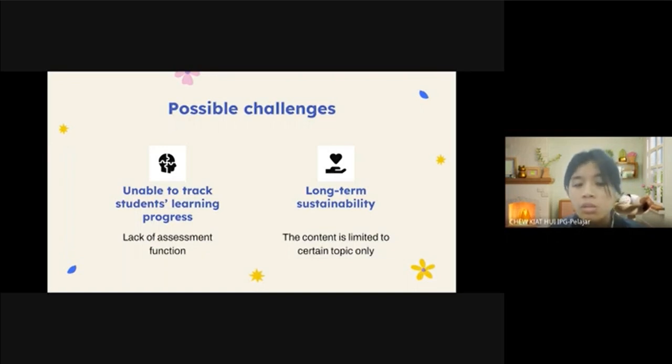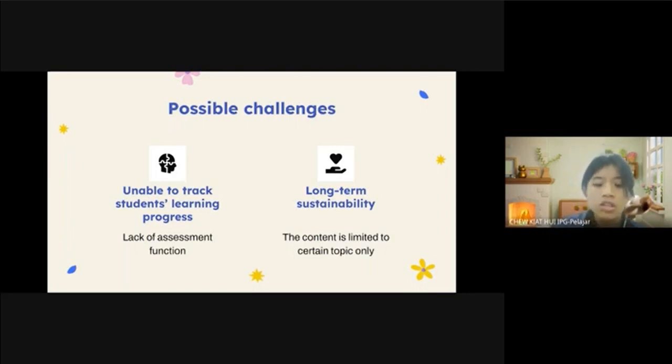Well, the second possible challenge is long-term sustainability. In this long-term sustainability, we will look at the content of the application. Smart Food is limited to certain topics only.